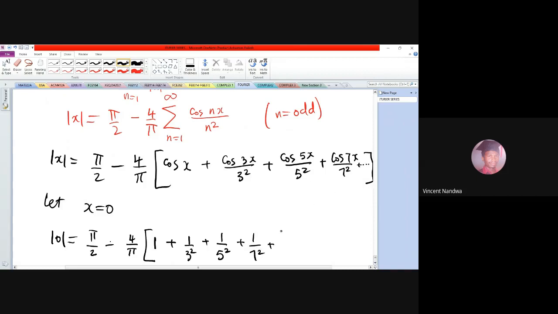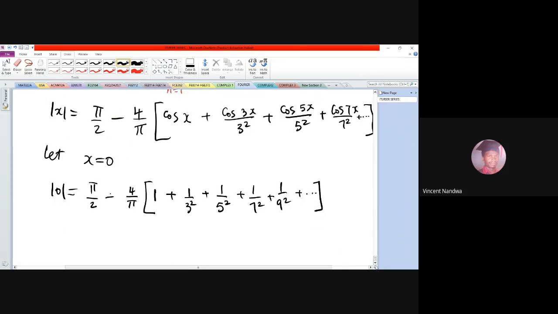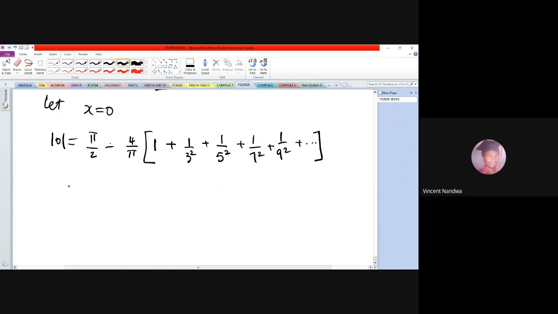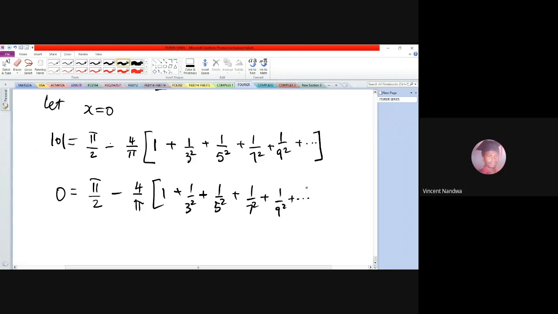Next one will be 1 over 9 squared plus other terms. Then you make this one the subject. The absolute value of 0 is 0. So 0 equals pi over 2 minus 4 over pi into 1 plus 1 over 3 squared, plus 1 over 5 squared, plus 1 over 7 squared, plus 1 over 9 squared, plus other terms.